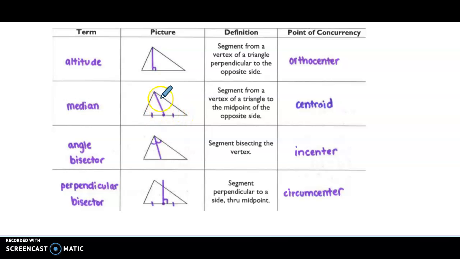Now the thing is, there are two other medians, right? Like from this corner to this midpoint here, I'm going to try to draw this. Okay, that's a terrible dot. Or I'm going to cheat here.